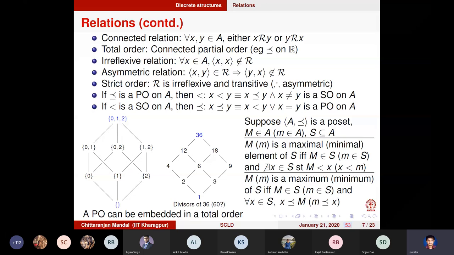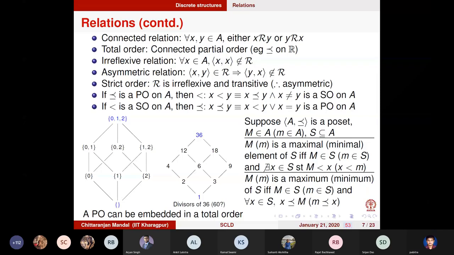One is for a single element of the poset, we can have a greatest lower bound and the lowest upper bound. And for a subset of the poset, you can have a maximal element or a minimal element, multiple. And you can also have a maximum or a minimum element. You can have a greatest element or a least element. Okay, so these things we have now defined.